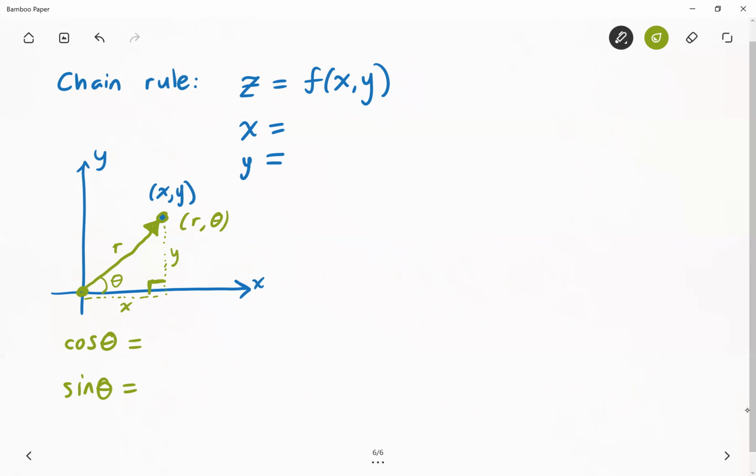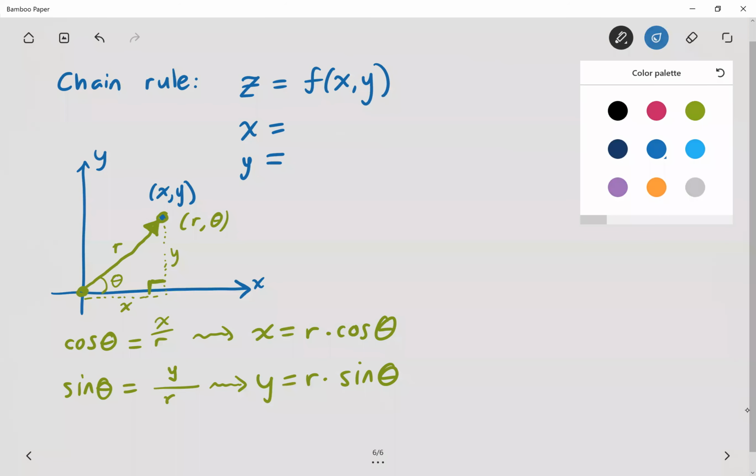The sine of an angle, right, that's the opposite side divided by the hypotenuse, and the cosine is the adjacent side divided by the length of the hypotenuse. We can turn each one of these into formulas for x and y in terms of r and theta. And so we could write x equals r times cosine theta, and y equals r times sine theta.